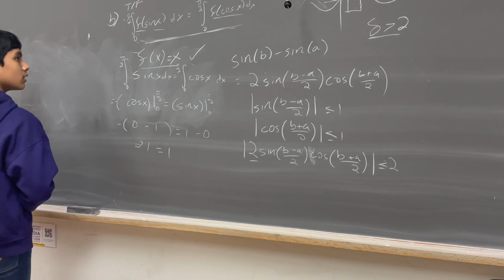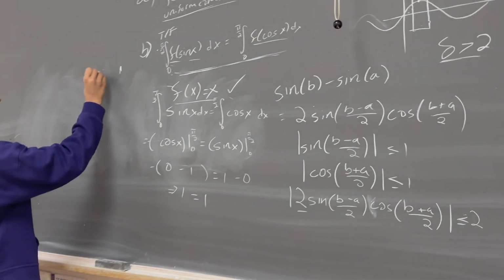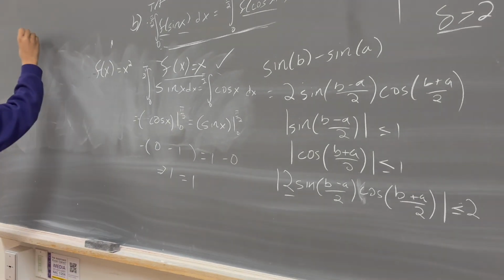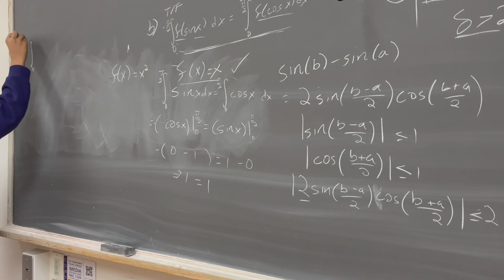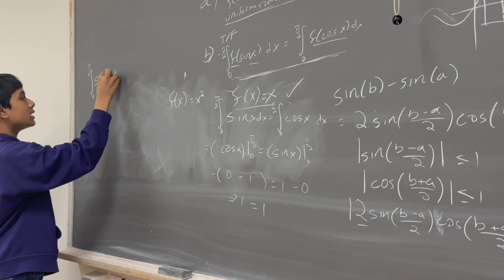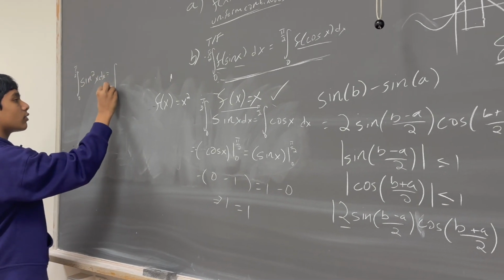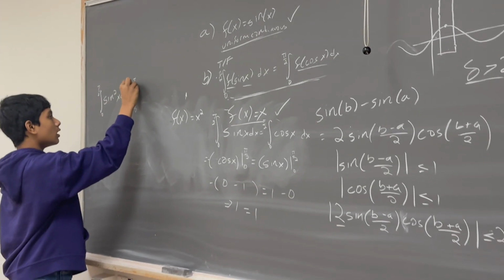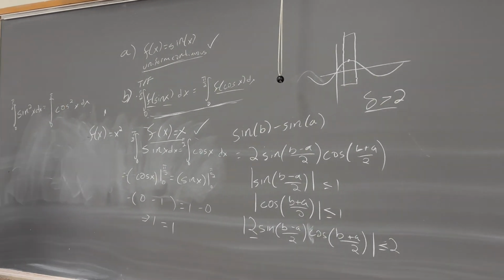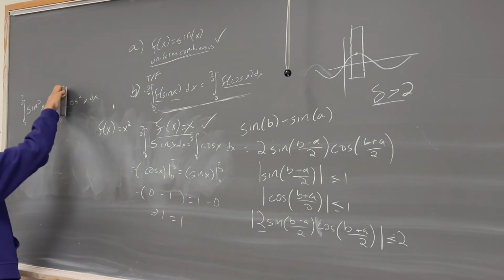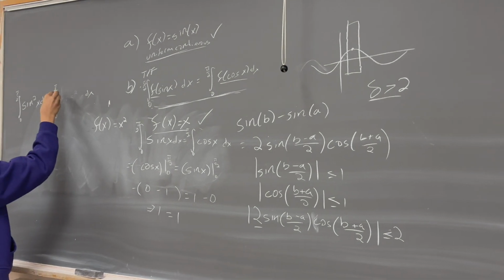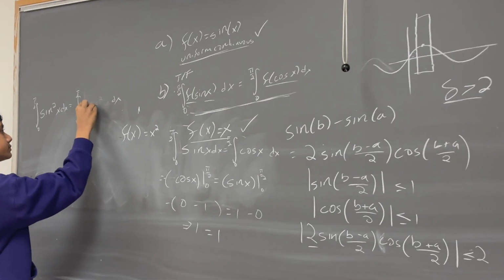let's use f of x equals x squared. That will mean that we're taking the integral from 0 to pi over 2 of sine squared x dx is equal to the integral from 0 to pi over 2 of cosine squared x dx. Now, you probably realize that cosine squared x is 1 minus sine squared x.